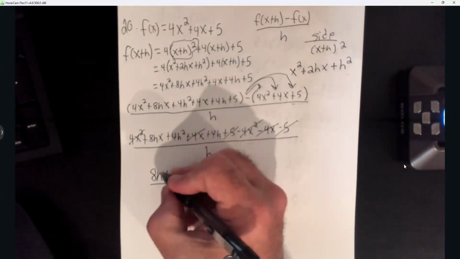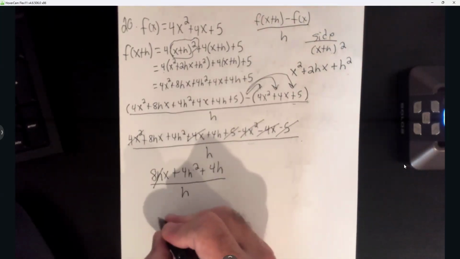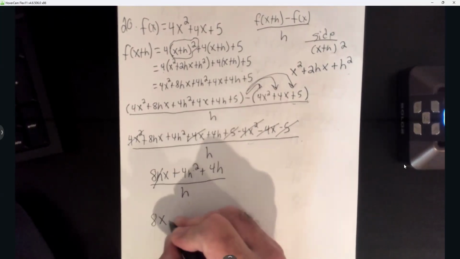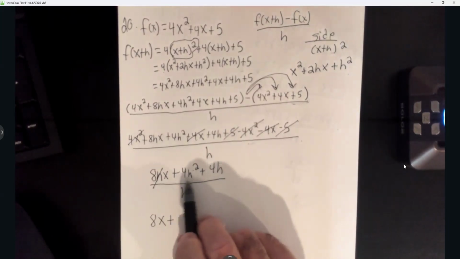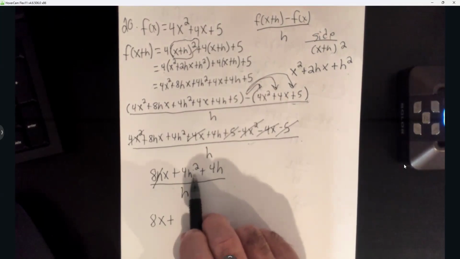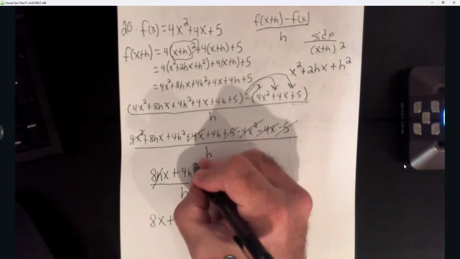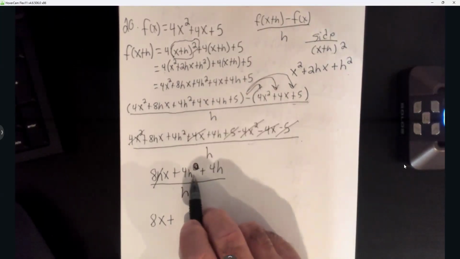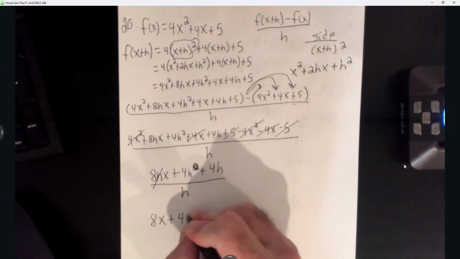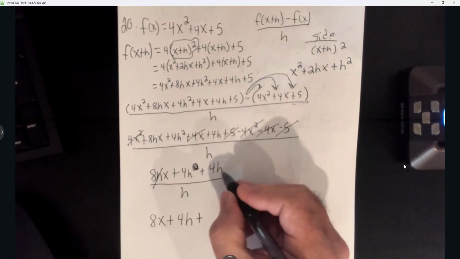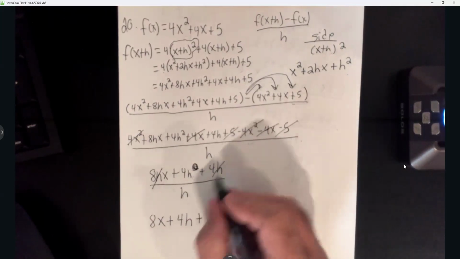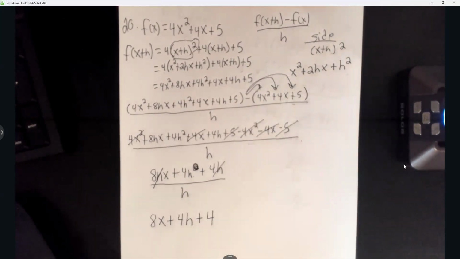So here, the h is going to cancel, so you're left with an 8x. Here, you had 2 h's, so one of these is going to cancel, leaving you 1h on the top. And then here, this h is going to cancel, leaving a 4.